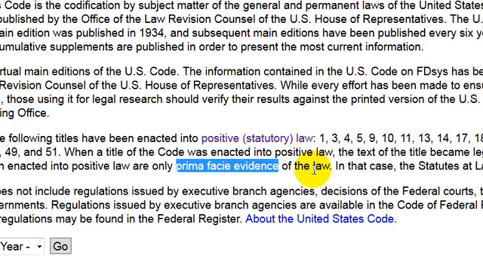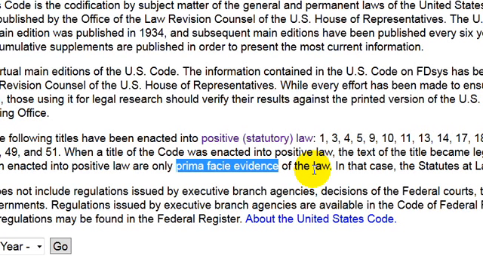What does that mean? Well, according to Black's 6, prima facie evidence is evidence good and sufficient on its face. Such evidence as, in the judgment of the law, is sufficient to establish a given fact, or the group or chain of facts constituting the party's claim or defense, and which, if not rebutted or contradicted, will remain sufficient.